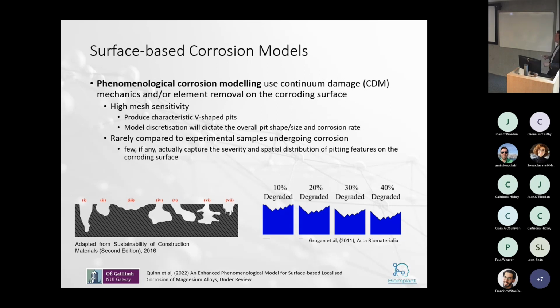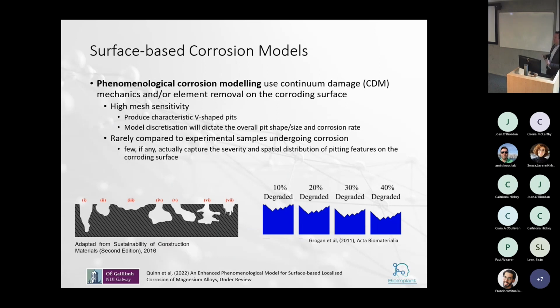They can't be widely adapted to larger structures. Another approach is a phenomenological approach, using continuum damage mechanics or an element removal method to remove elements from the surface. One of the early models that was developed was by James Grogan, who was in NUIG about 10 years ago working with Peter McHugh.